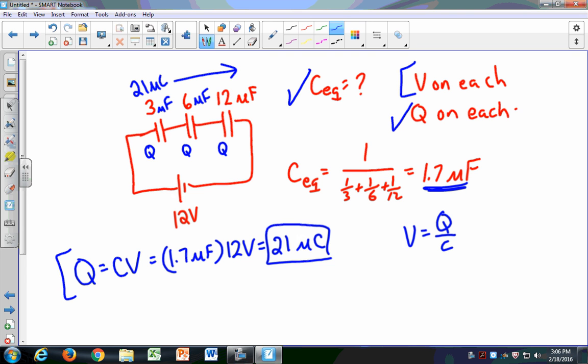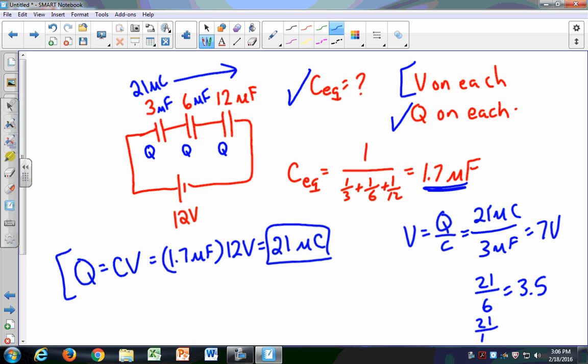For example, on the 3 microfarad, it's going to be 21 microcoulombs divided by 3 microfarads, or 7 volts. On the 6 microfarad, it's going to be 21 divided by 6. That's going to be 3.5. And then on the other one, it's going to be 21 divided by 12. Oh, what's that? 1.75? Yeah, 1.75.